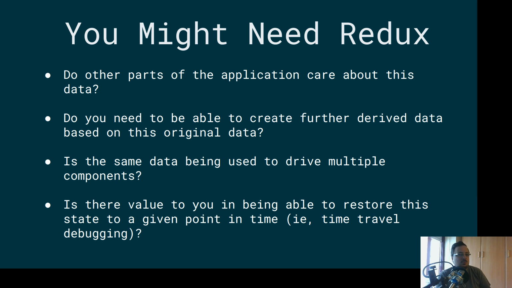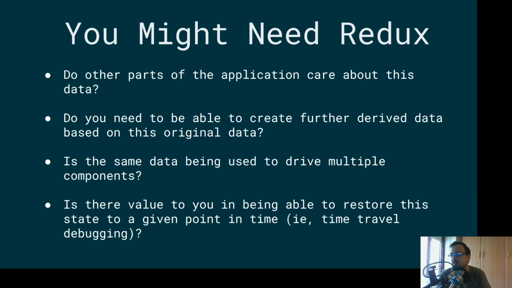Do you need to be able to create further derived data based on this original data? We haven't seen this case, but if we have one data in one place, usually we won't use derived data from that. The example I wrote for this webinar makes use of this kind of derived data.